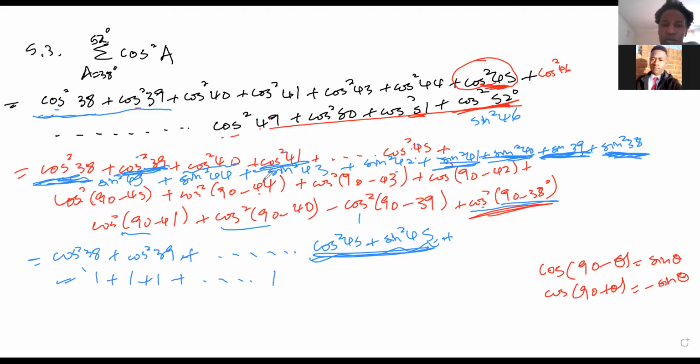So you have 1 and cos squared 45. Cos squared 45 doesn't pair, we don't have sine squared 45. There's one thing that doesn't pair, and that one is going to be 1 over root 2.